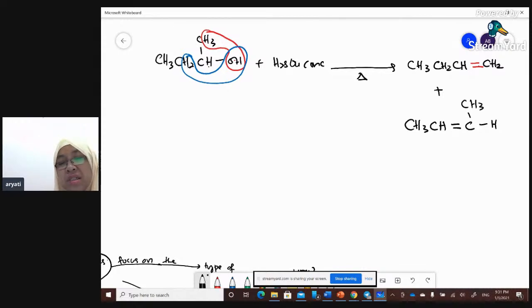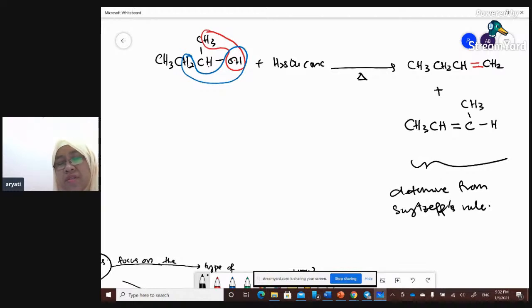Major and minor is determined from Saytzeff's rule. So Saytzeff's rule states that the major product is the most substituted alkyl group at carbon-carbon double bond. So yang first structure H2 bukan alkyl group.